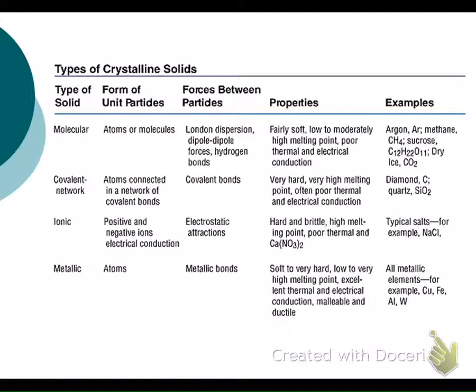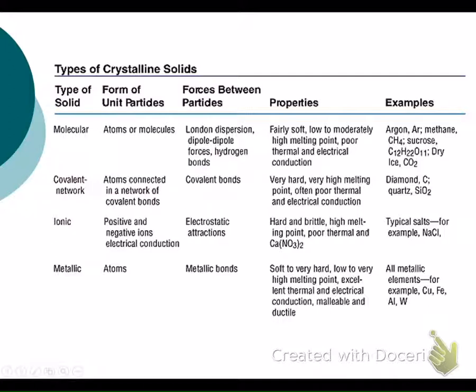Here's a summary. Everyone should have this page printed out or given to you as a handout in class or on Google Classroom, but it needs to be in your notebook. As we look at substances, your job is to determine what type of substance it is and then identify the properties it would have.